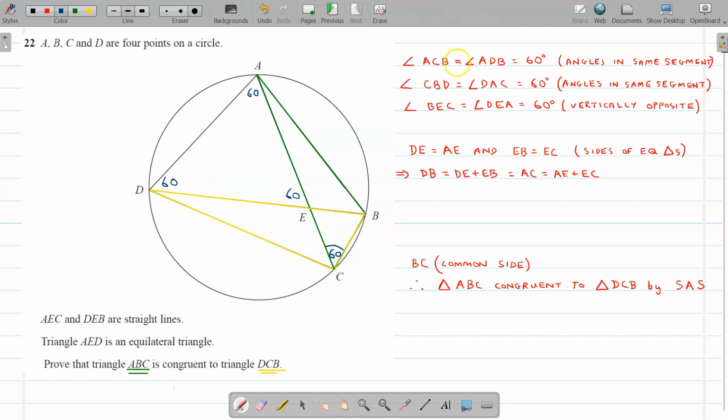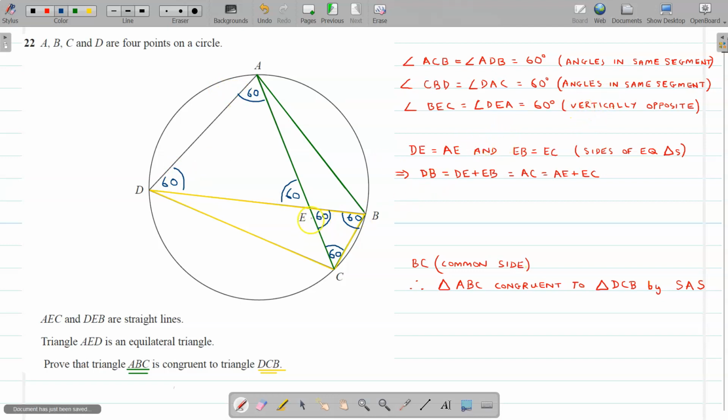That's what I've done up here. I can do the same for this angle here, angles in the same segment. Then I've used the fact that this and this are vertically opposite, and therefore that's 60 as well as that one. So I've explained all that here with the reasons.